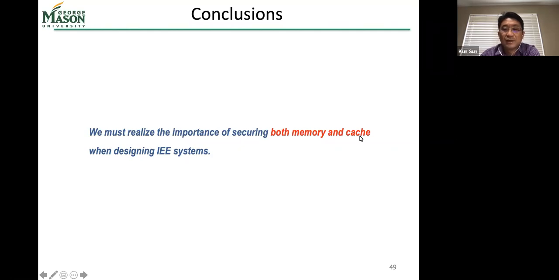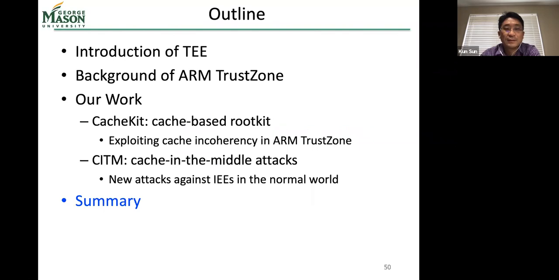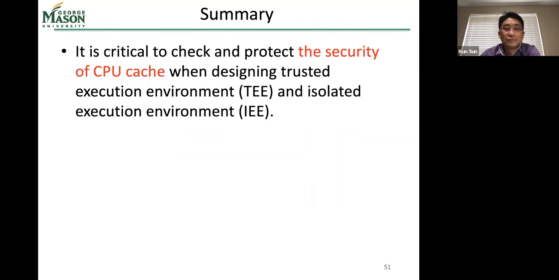So we point out it's important to protect both. And to summarize, this is similar when developing TEE and IEE systems: it is important to protect the security of the CPU cache.